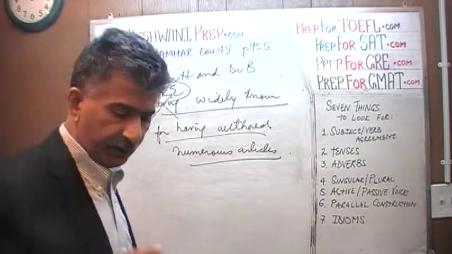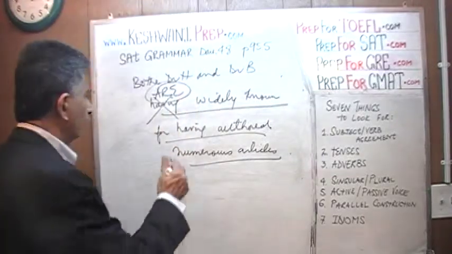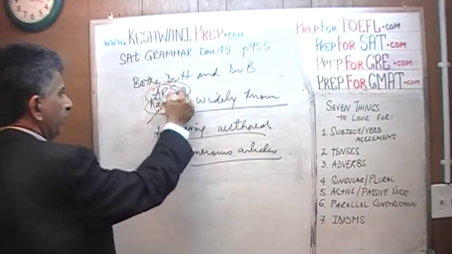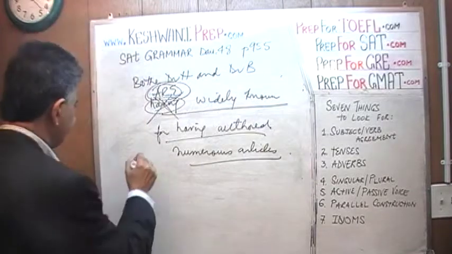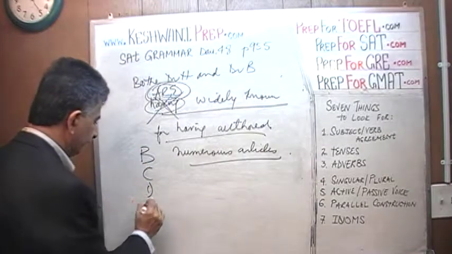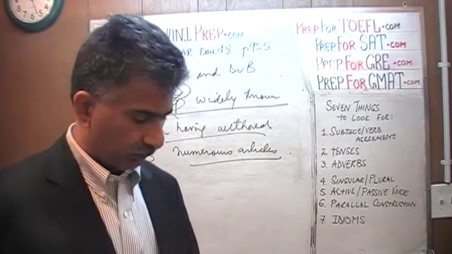All we have done here is cross out the word having and replace it with the word are. Don't make it complicated. That's the only change we made, and that's the only thing we are looking for.